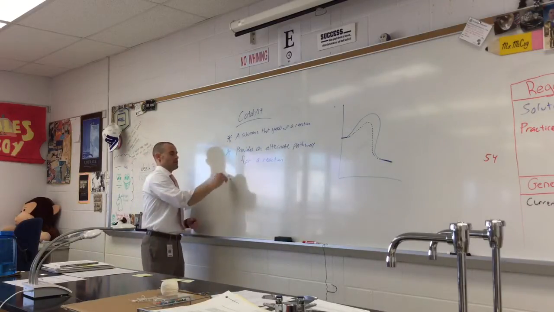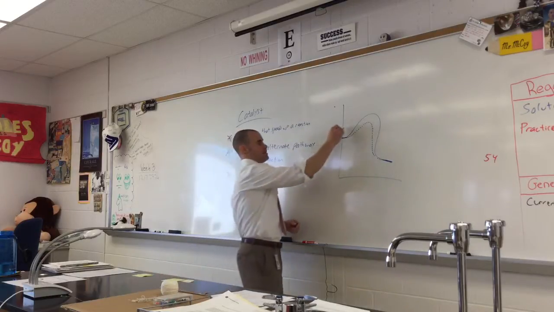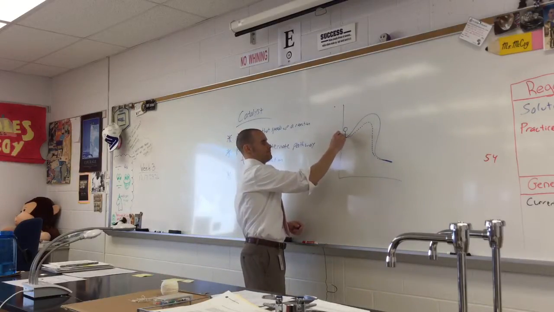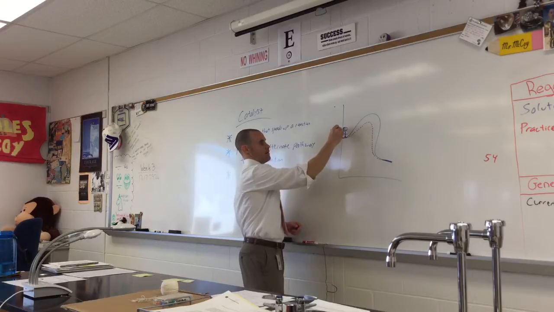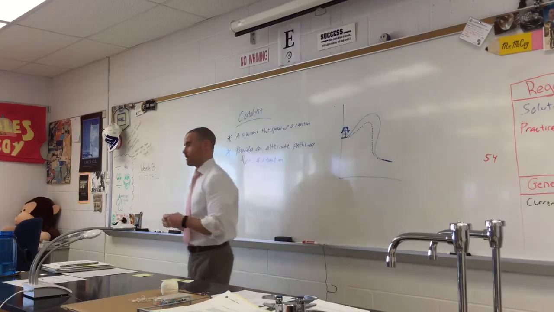How does it do it? Well, let's say somebody's standing here. Maybe they're smiling. Maybe they have long hair. This is going to be Ryan if he doesn't get a haircut. Okay, so Ryan with long hair wants to climb the mountain.